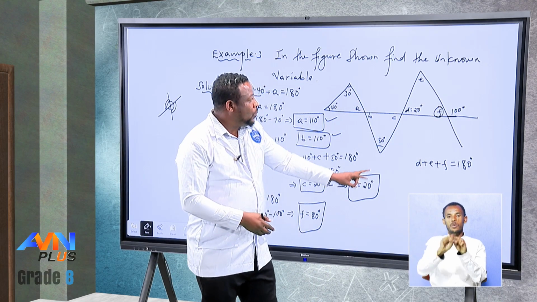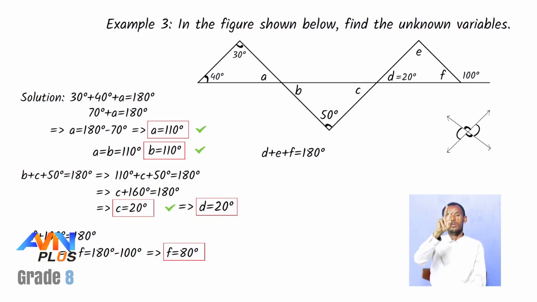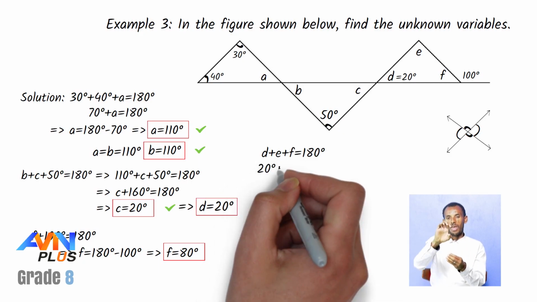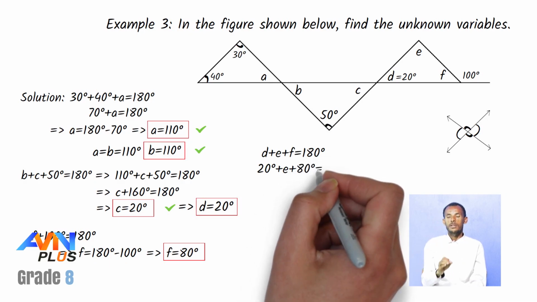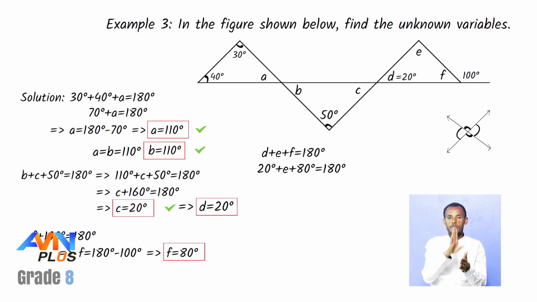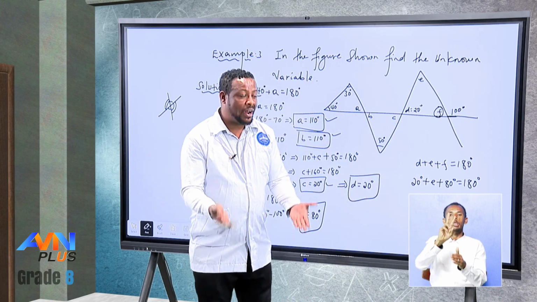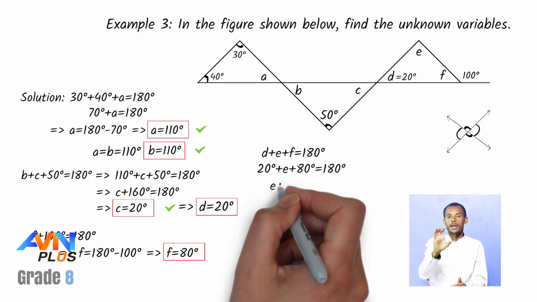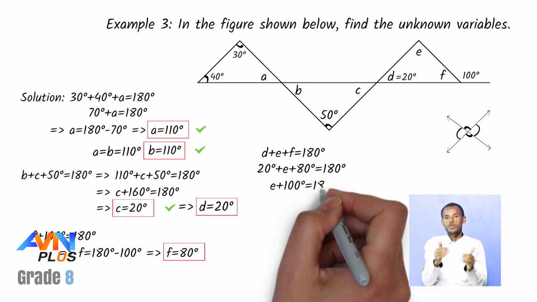So now we have the D value, which is 20 degrees, plus E plus F, which is 80 degrees. This must be 180 degrees. So the sum of these two is 100. So E plus 100 degrees is 180 degrees.